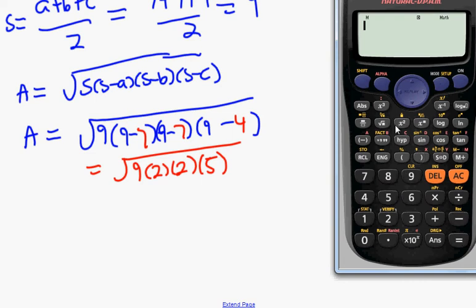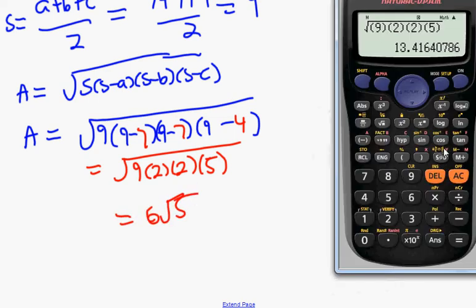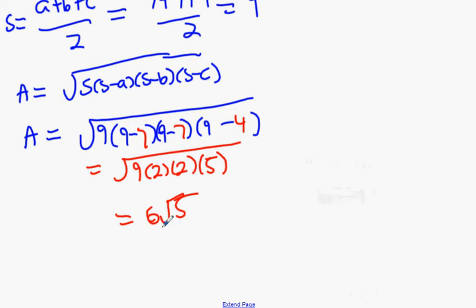What I have here is square root of 9, bracket 2, bracket 2, bracket 5, and what I get there is 6 root 5. That's it in surd form, and failing that I can get it as 13.42. Is it one decimal place or two decimal places? One, so 13.4.